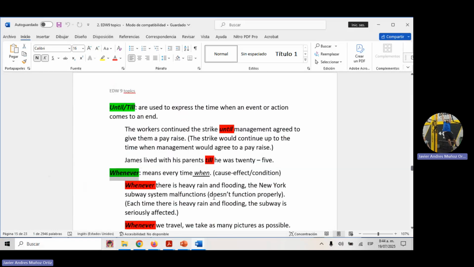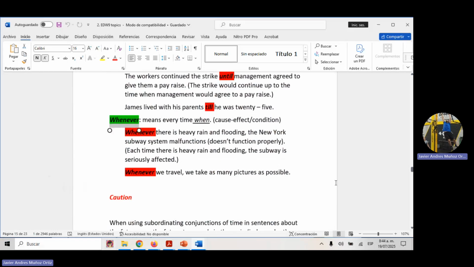And whenever is used when we want to mention a cause-effect situation, a conditional situation. If this activity happens, then the other activity happens too. If this situation happens, then this other situation happens too.